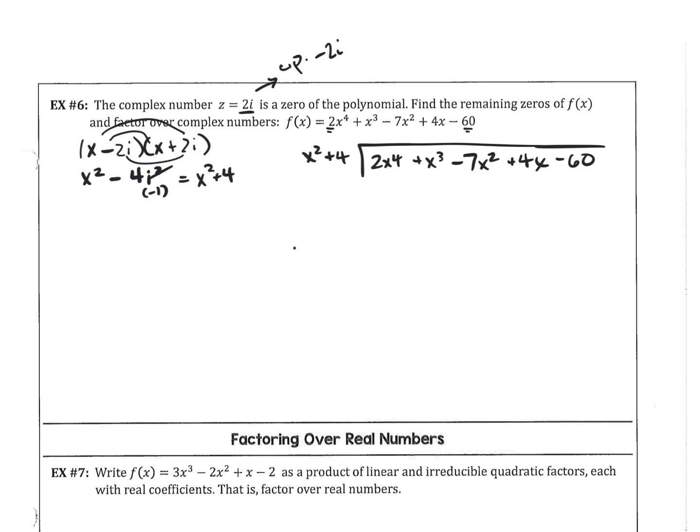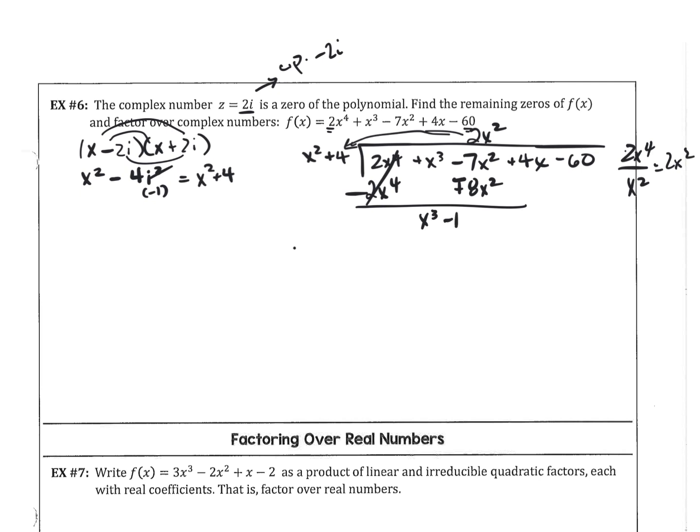Boom. So now I've got to figure out 2x to the 4th. x squared goes in how many times? 2x squared, right? So this goes here. I'm going to multiply it by this. So I end up with 2x to the 4th plus 8x squared. Minus, that goes away. We bring down x cubed minus 15x squared, and then bring down 4x.